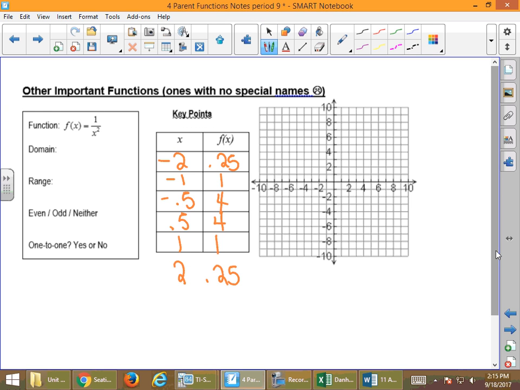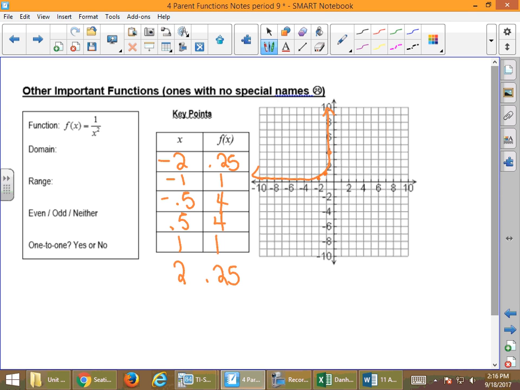Negative 2.25. Negative 1, 1. Negative 0.5, 4. There's one branch.